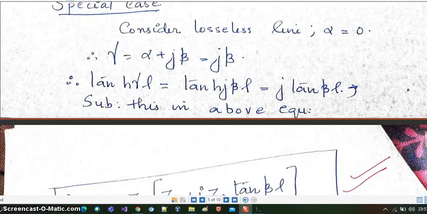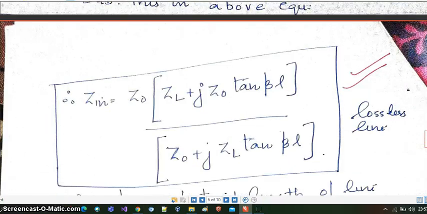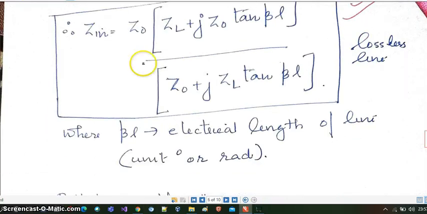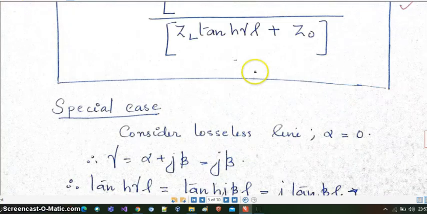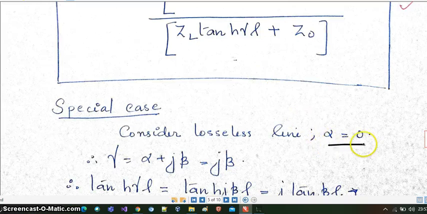And here you can see a special case, that of a lossless medium. In the case of a lossless medium, Zin is equal to Z0 into ZL plus j Z0 tan beta L by Z0 plus j ZL tan beta L. This is the expression for a lossless medium. It's a special case of the lossy medium, where you substitute alpha equal to 0.